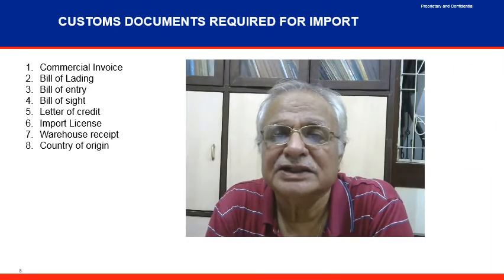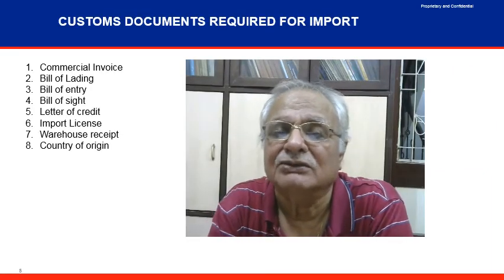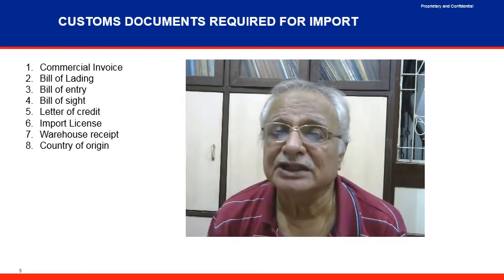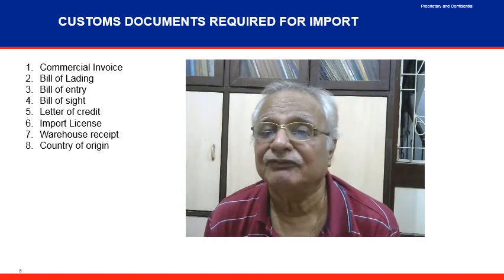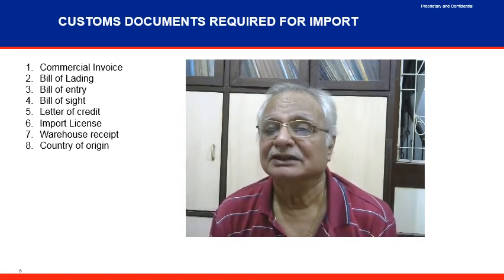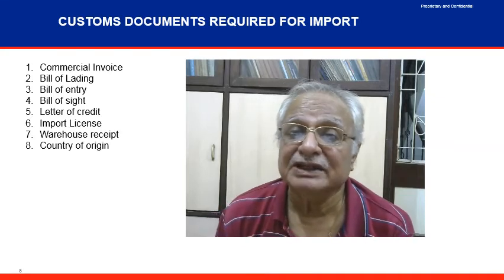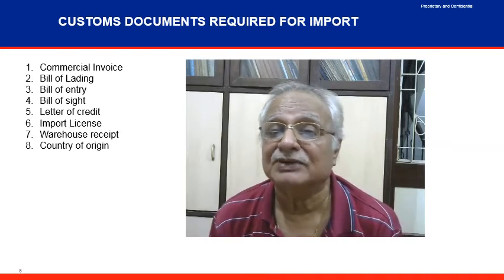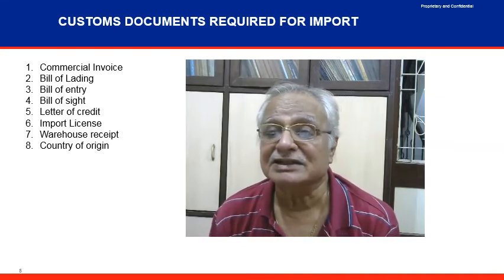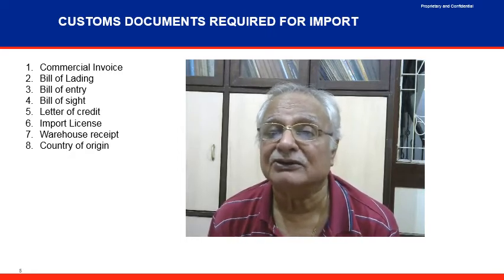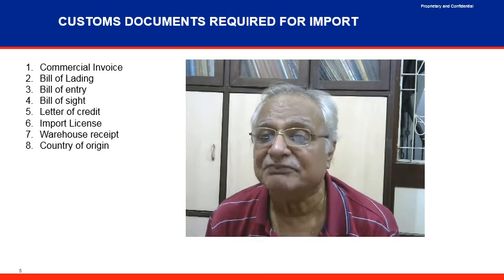Now you should understand about the various documents. Say, for example, invoice. A commercial invoice is definitely required for any type of business transaction. And when it is imported, the invoice becomes an important document for customs clearance. This contains details of the order you have placed, including the quality, price, weight, packaging.